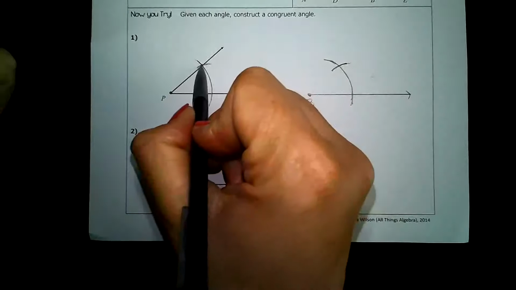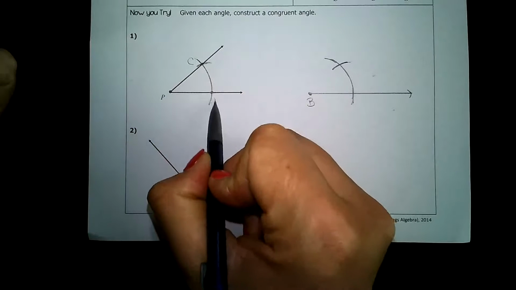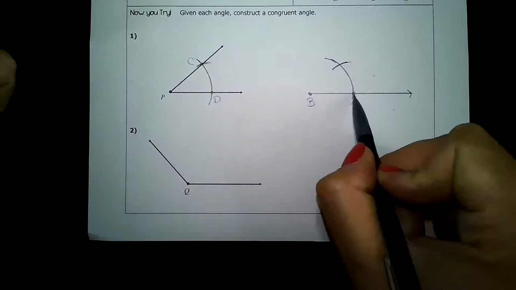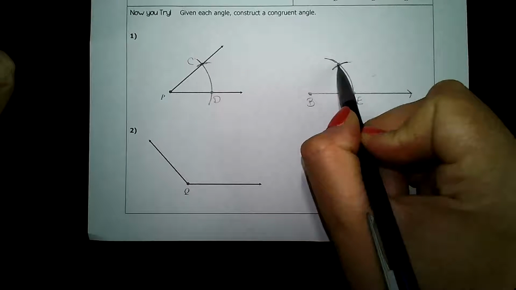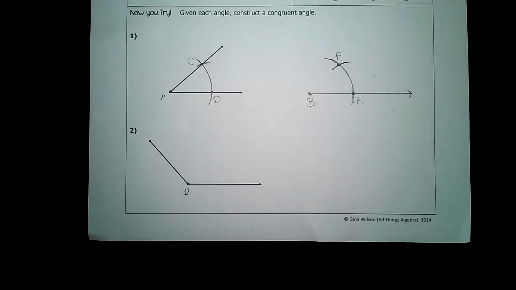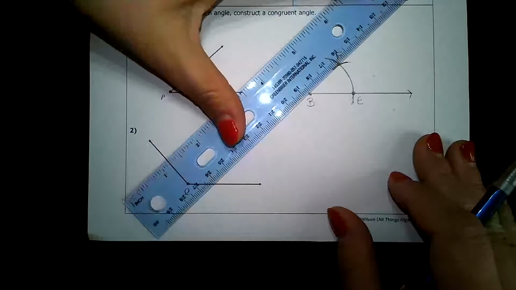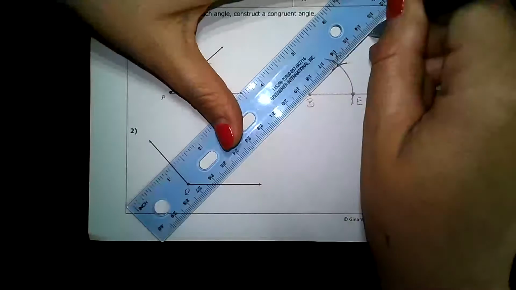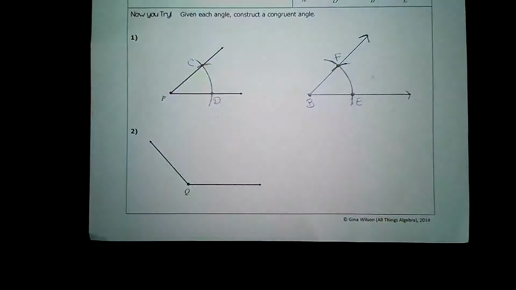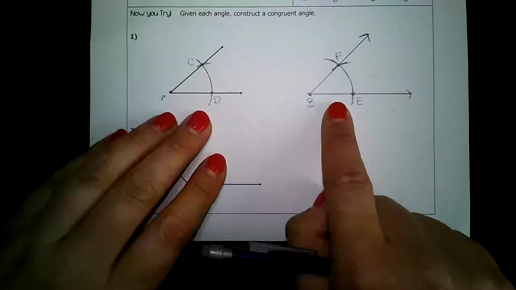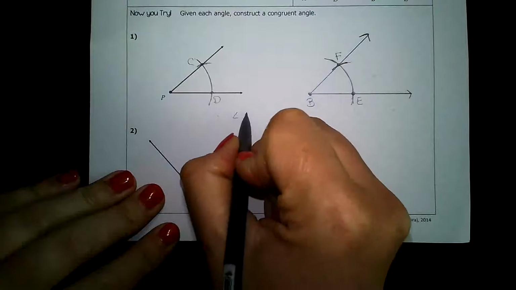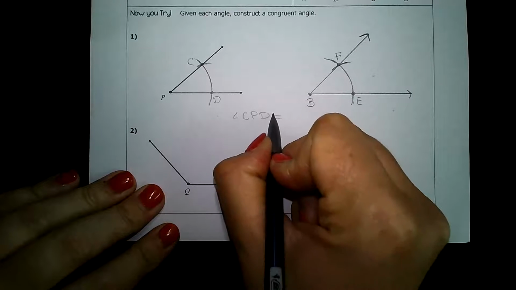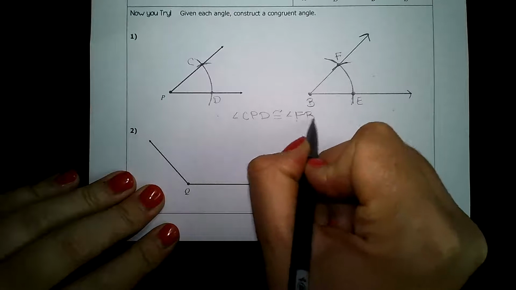I'll call this point, to follow along with the upper directions, point C and point D, point E, and point F. Finally, grab your straight edge and connect B to F. And when you're finished, you should have two perfectly congruent angles. Here, angle CPD is congruent to angle FBE.